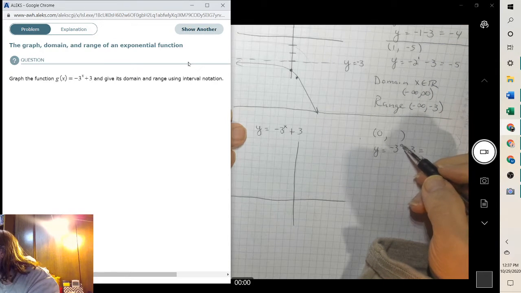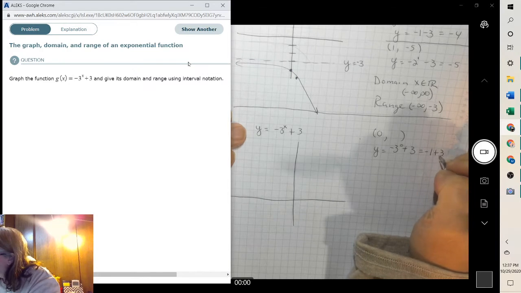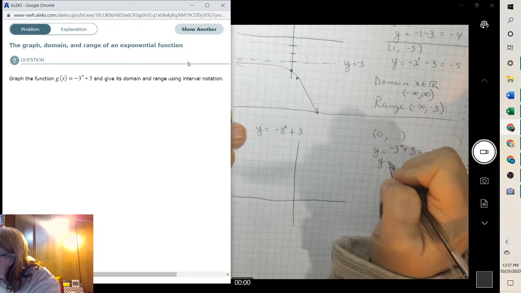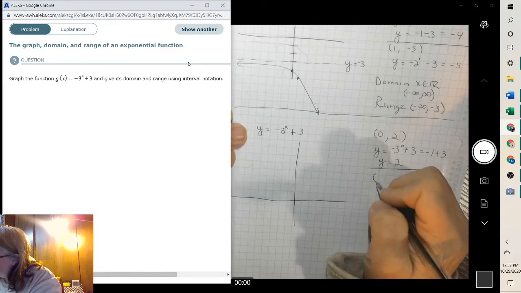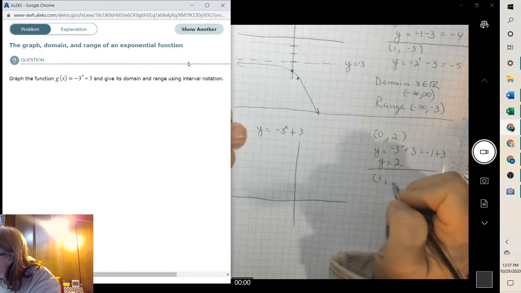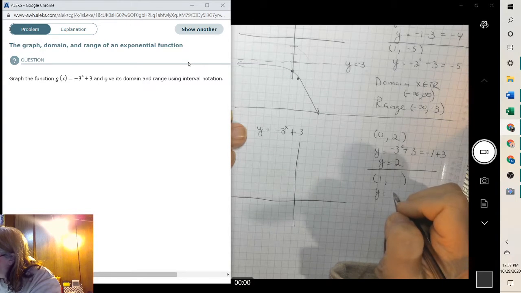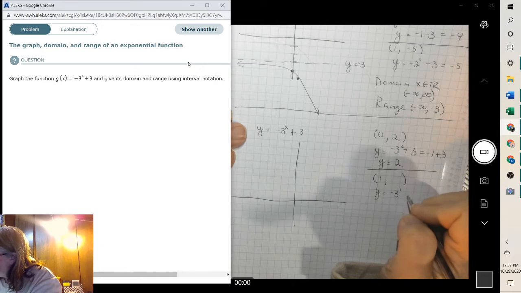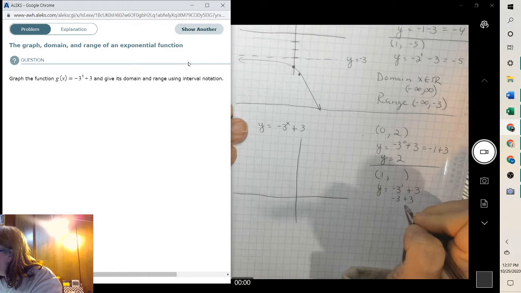This is going to make a -1, which gives us 2. Then we can plug in 1, -3 to the first is -3 plus 3 or 0.